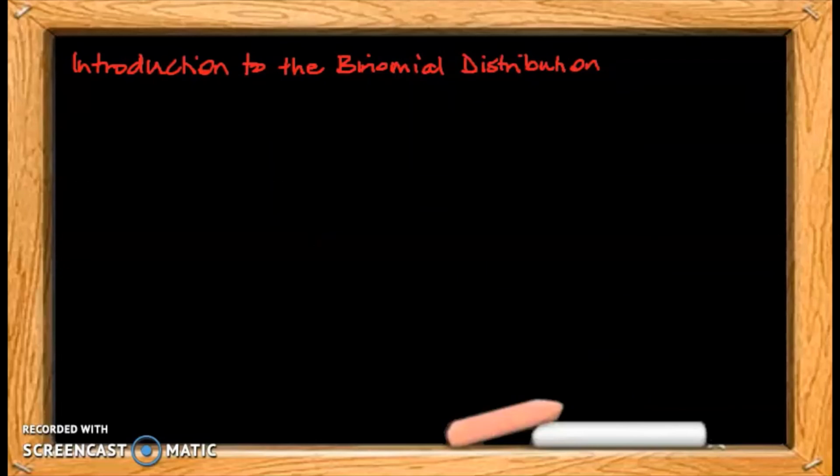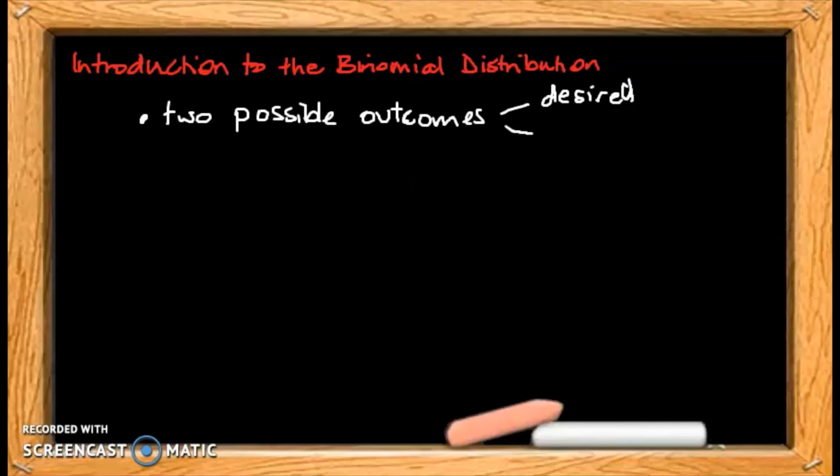So in summary, the binomial distribution is something we can use only under strict circumstances. We need to have 2 outcomes or 2 possible outcomes. We could call the outcomes success or failure, or a desired outcome and a non-desired outcome.